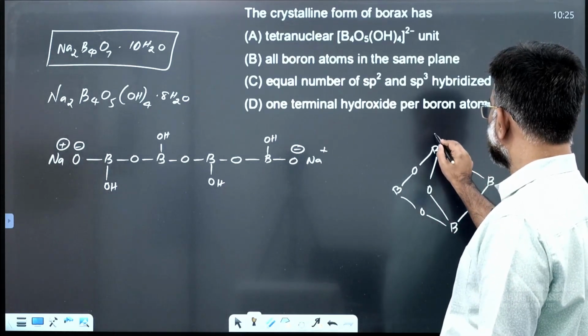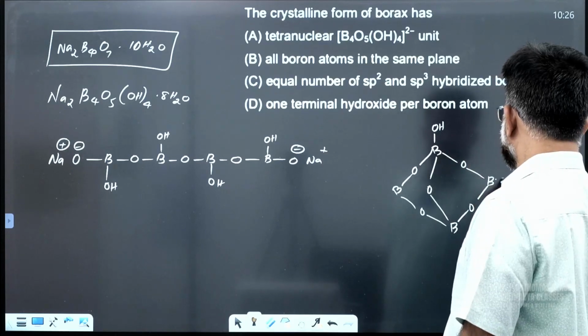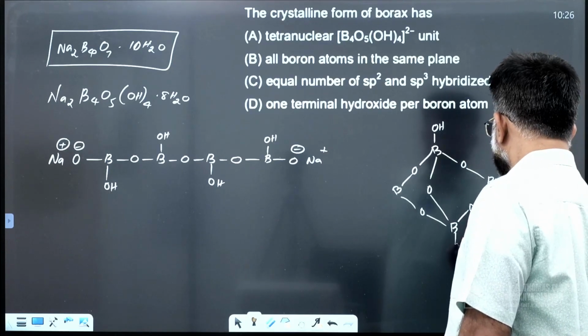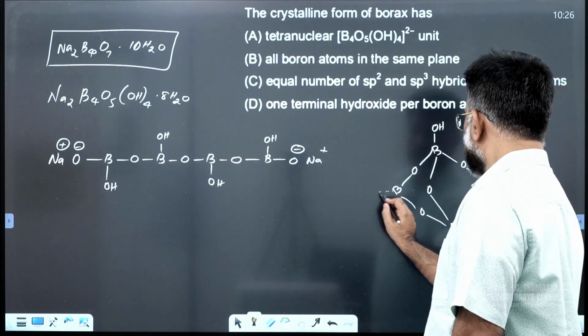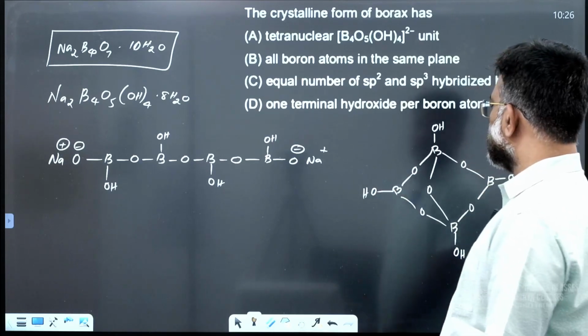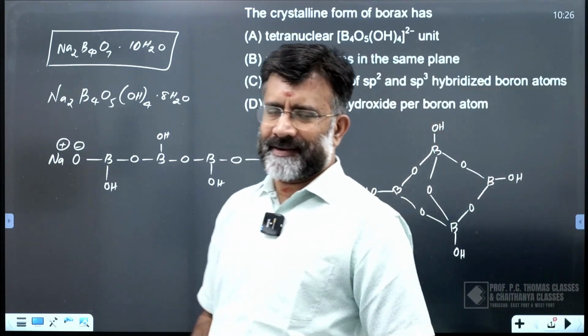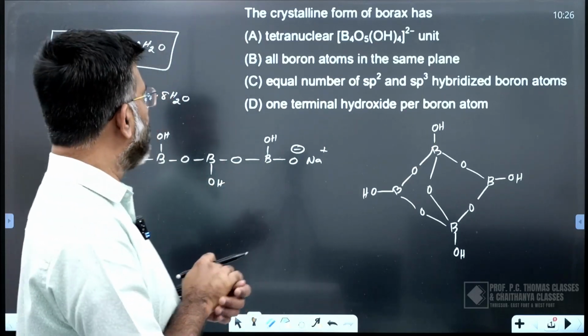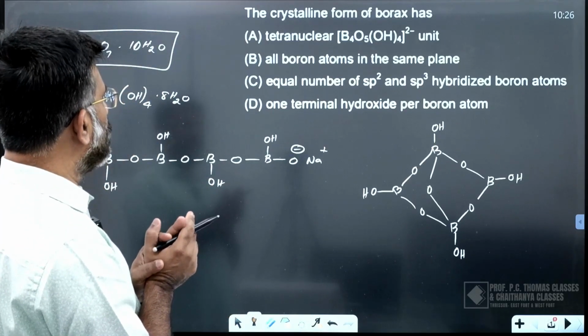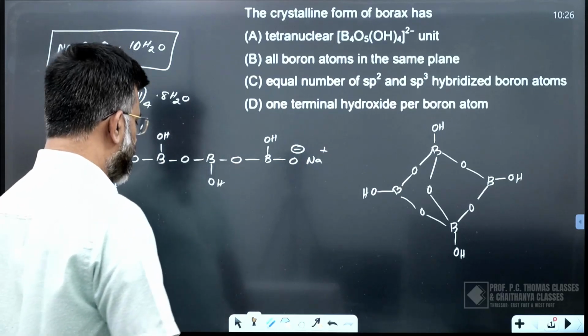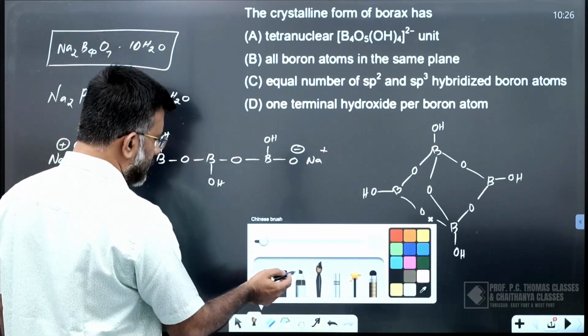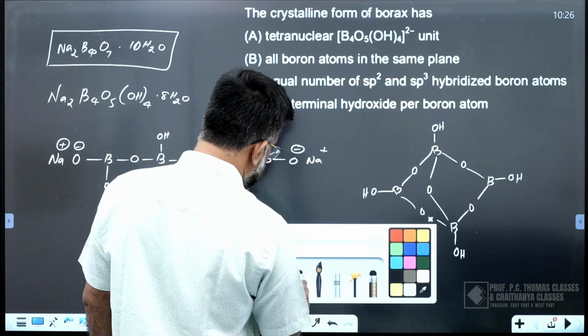Like this, each boron will get an OH. This is the borax structure in the cyclic format. You see, there is a tetranuclear unit. Definitely, it's a correct answer.